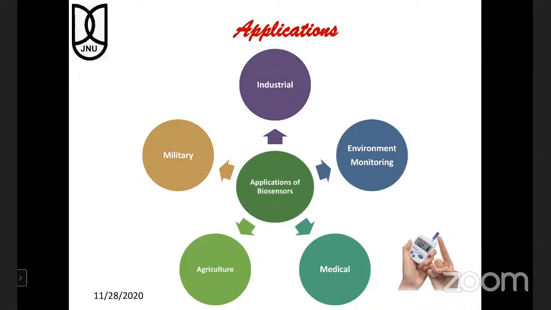In medicine, the glucose biosensor is very well known, and simultaneously cholesterol, urea, uric acid, triglycerides, and some cancer biomarkers. The work is going on. So on their own choice, we can make the biosensor.